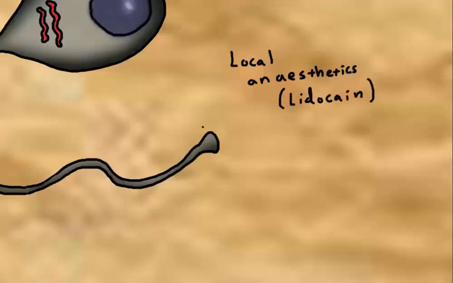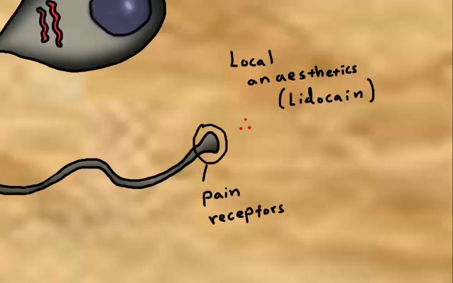There are pain receptors in the human body which are free nerve endings. When pain-producing substances or neurotransmitters for pain come to these receptors, they will conduct these signals and send them to the brain.